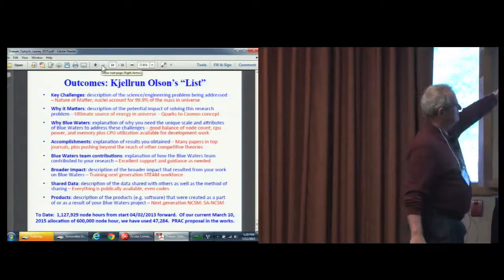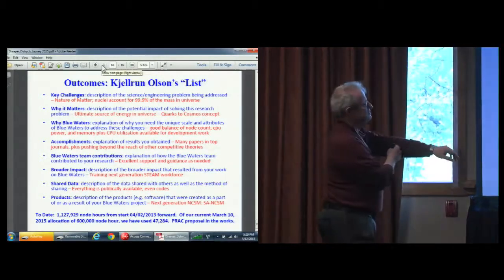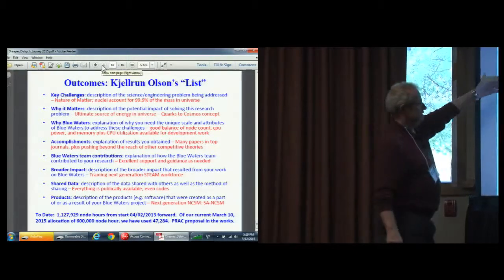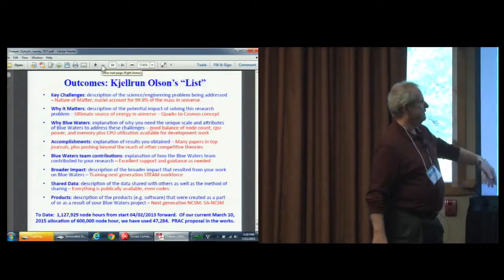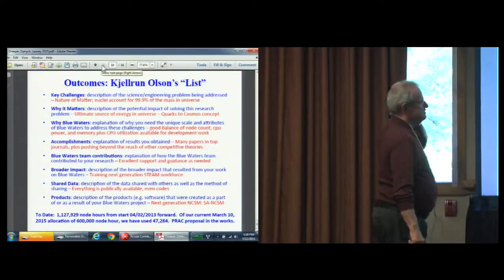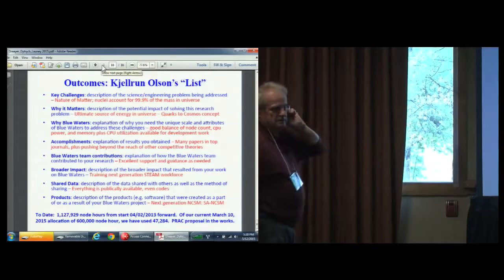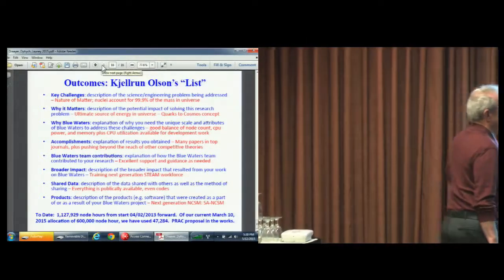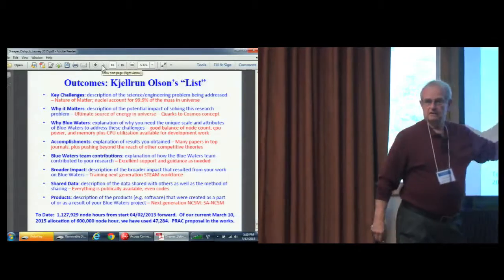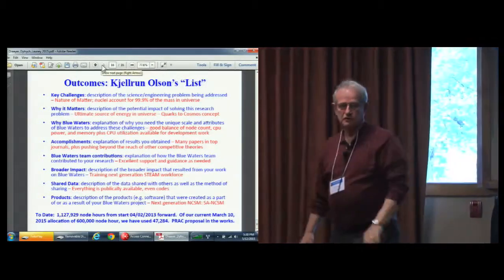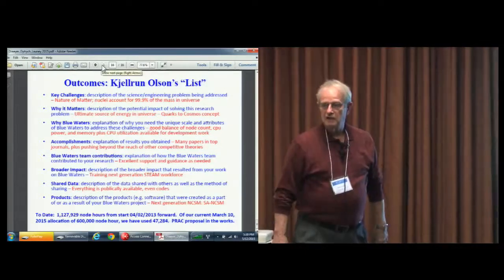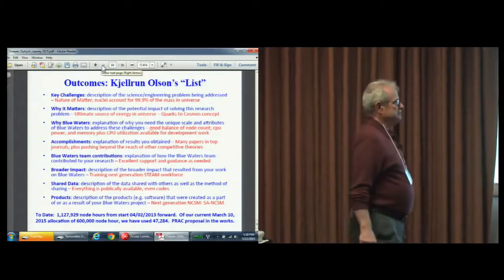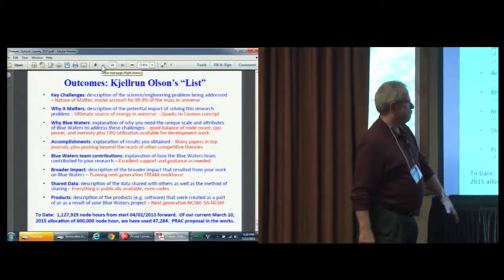To date, many papers, plus pushing beyond the reach of other competitive theories. Lots of PRLs out there that we've been able to generate. Blue Waters team contributions: excellent support and guidance as needed. Anytime we needed some help, we've always gotten it, particularly from the Blue Waters team. We certainly appreciate that. We don't have time to know all the idiosyncrasies of the machine, so the team that you have in place is great.